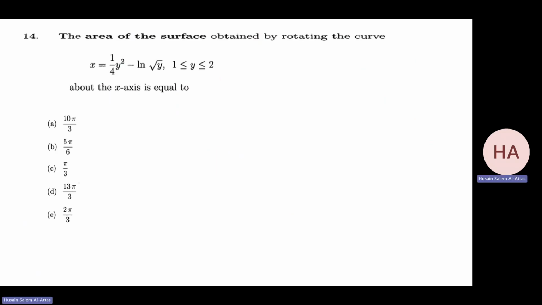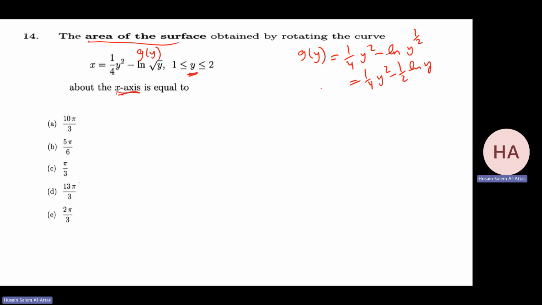Okay, the length of this arc. The area of the surface, not the area of the surface, about what? The x-axis. So I need y. Okay, and these are the y values. Good, so this is g of y, and I need the y values, which is good. So now I need to find the derivative. 1 over 4y squared minus ln y, to the power half, and that is 1 over 4y squared minus half ln y.